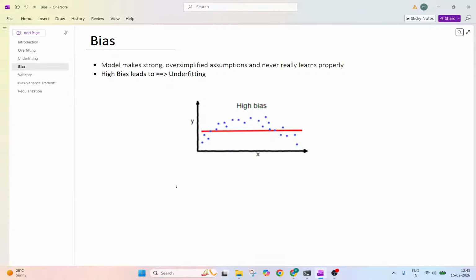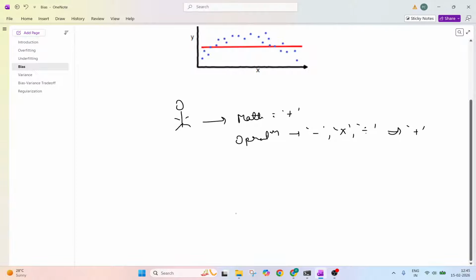So you're a student, right, and you think every math problem means addition. That's all. Now, when other operations come into the picture, let's say subtraction, multiplication, or division, you simply add. As a result of which, what happens?